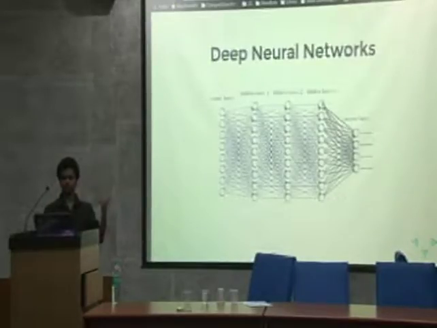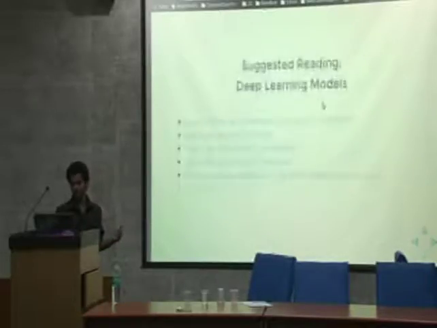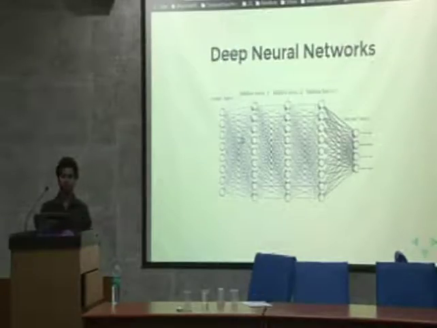Okay, so in a previous slide you saw what a neural net looks like, and this is probably what a deep neural net looks like. Actually, it is quite shallow. I mean, it is not so deep, but still. You can see, if you go through these connections, there are a lot of parameters in a deep neural net, and it is very hard and takes a lot of time to learn these parameters.